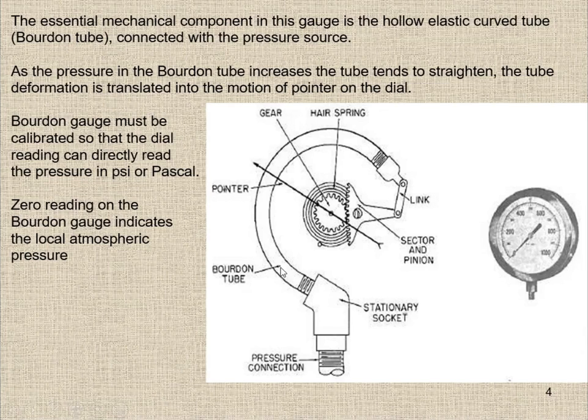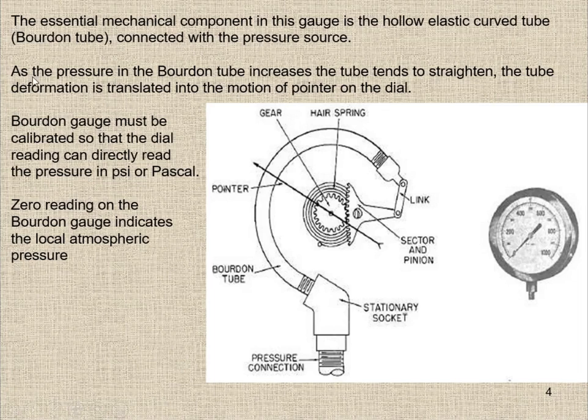It is made of metal. It is connected with some kind of tank, pipe, or whatever source you want to measure the pressure of, or the tire of a vehicle. So this is the Bourdon tube in a C shape.